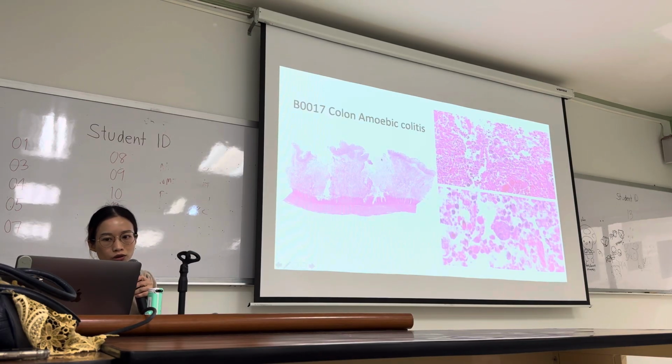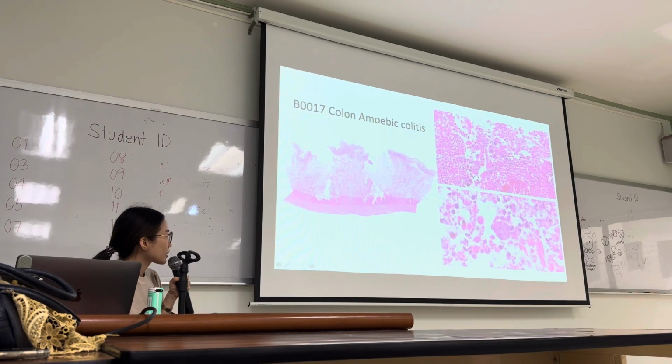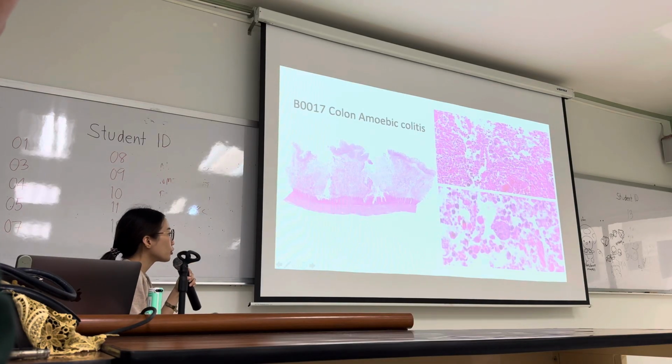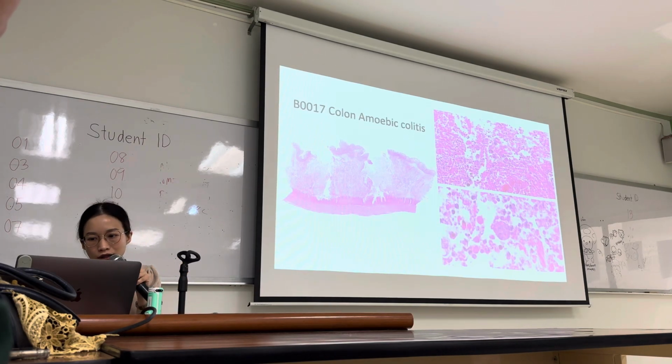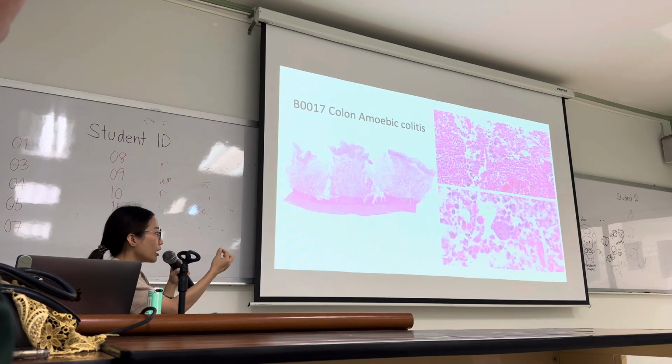So when you zoom in and look at this area where the tissue destruction occurs, then you look for trophozoites. The trophozoite is bigger in size when compared to our cells, when compared to our red blood cells, and it has a nucleus.